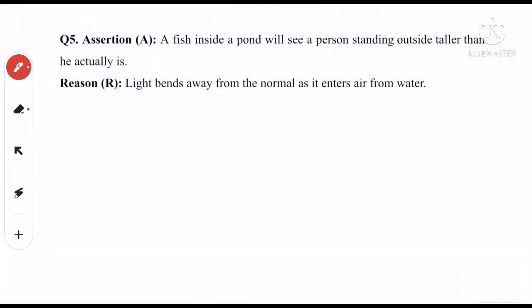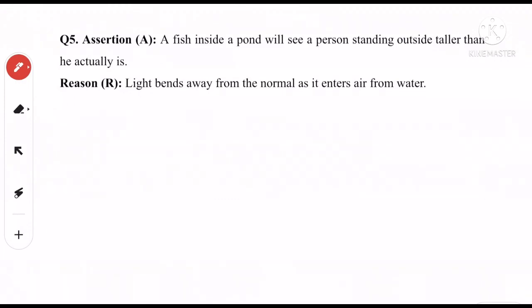Now next one is the last question. A fish inside a pond will see a person standing outside taller than he actually is. Reason: light bends away from the normal as it enters air from water.